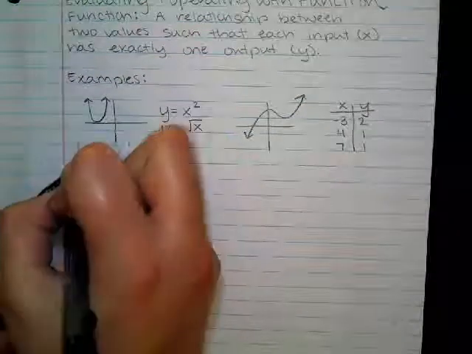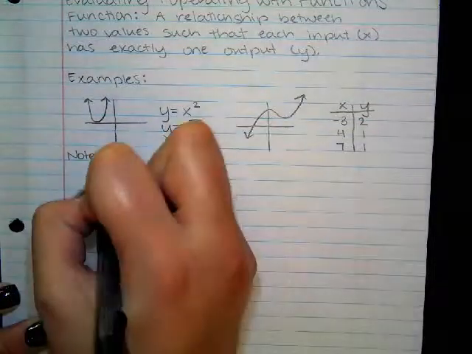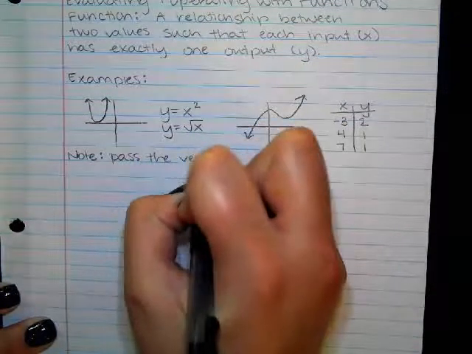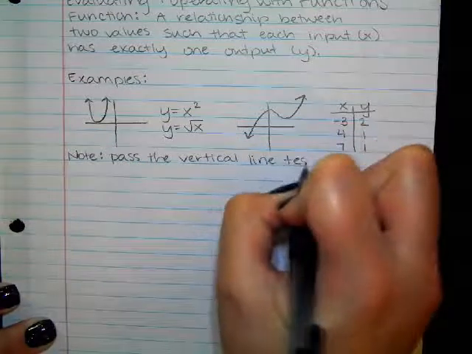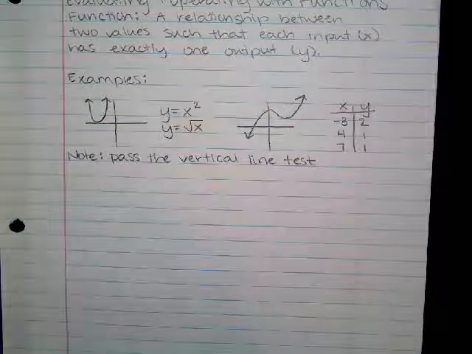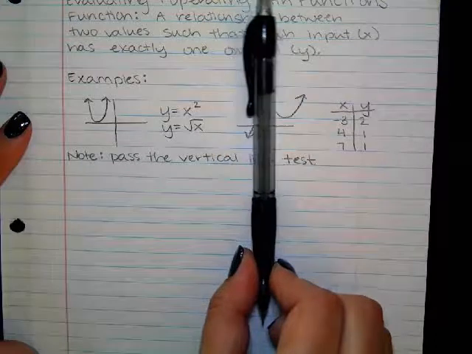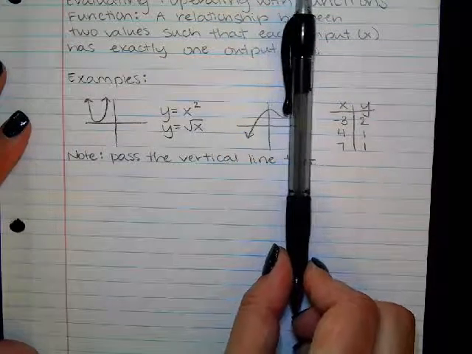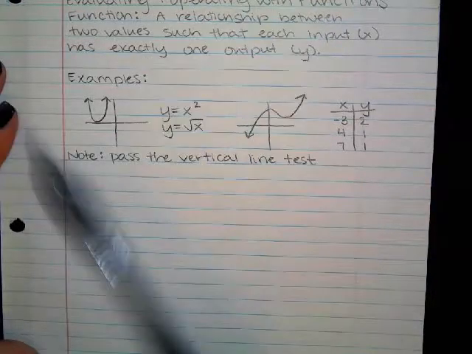So a special little note about functions is they pass the vertical line test. The vertical line test, some people call it the pencil test, means that you could take your pencil and run it along the graph, and your pencil would only touch one point on the graph at a time.